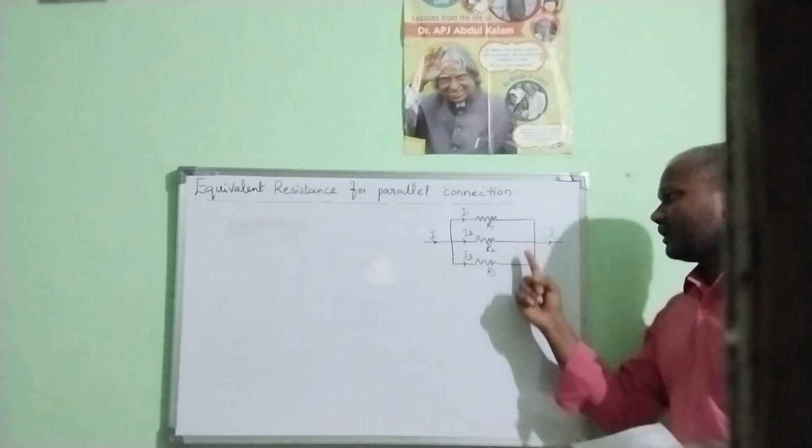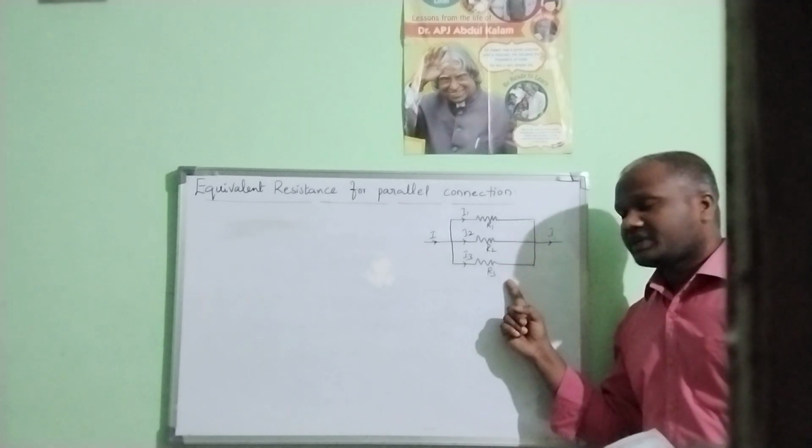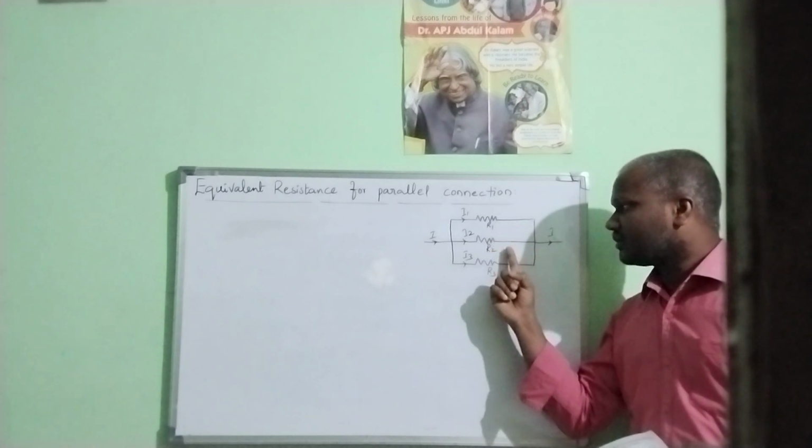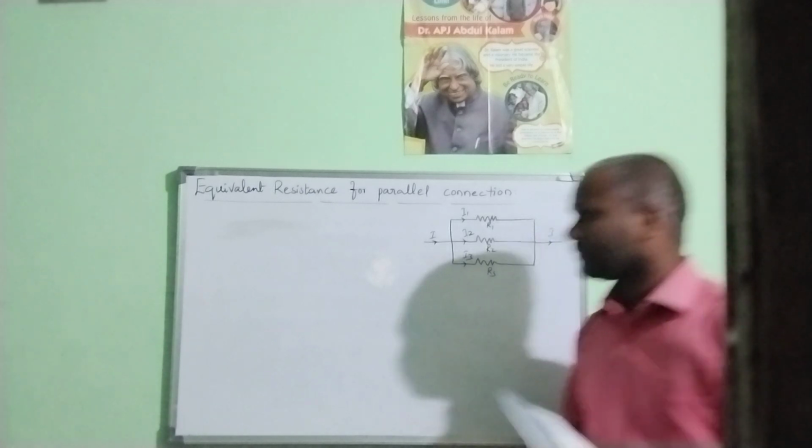In parallel connection of resistors, there is the same potential difference at the ends of each resistor.